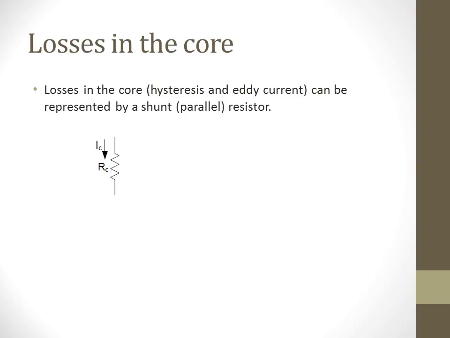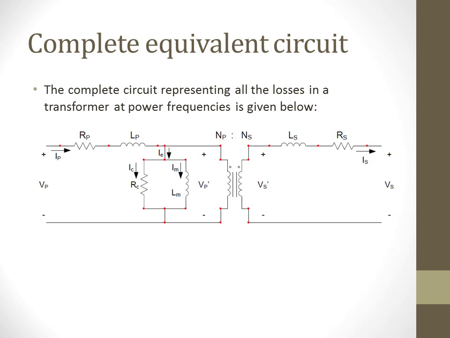Both types of core losses can be represented by a shunt resistor in the equivalent circuit. Therefore, the complete equivalent circuit, which has taken all types of losses into account, would look like this.